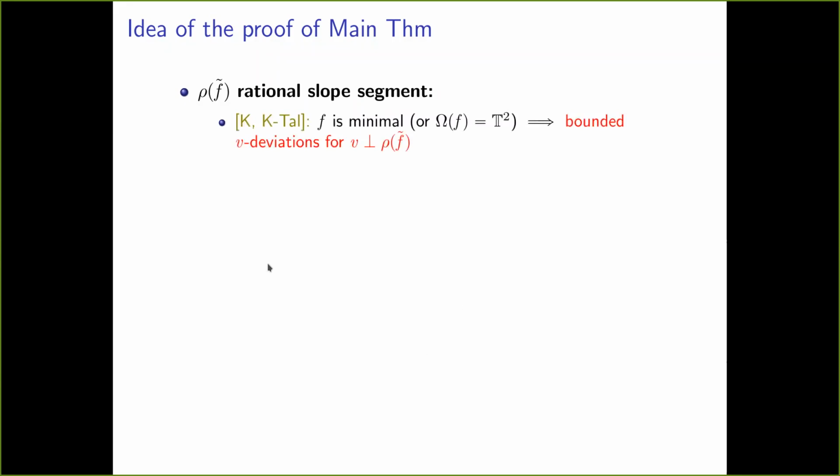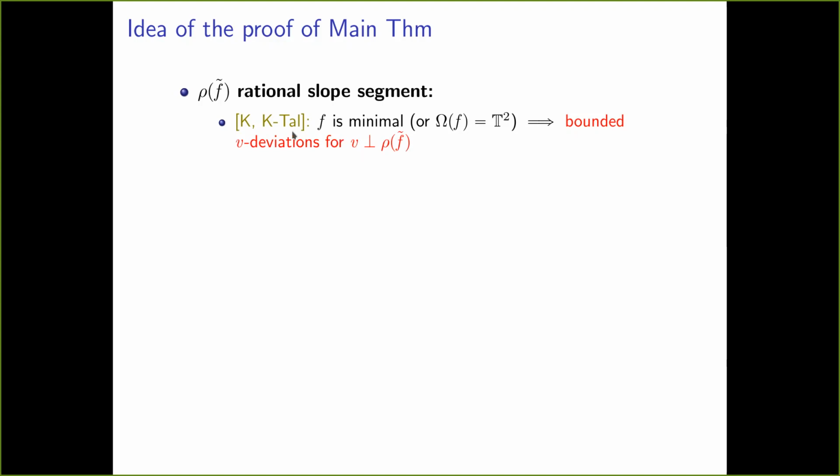And in this case, as I said before, in the case of minimal homeomorphisms, I proved that this implies boundedness of V deviations where V is perpendicular to the rotation set. Okay, so this is a picture that I mentioned before. I take V perpendicular to the line supporting the rotation set.